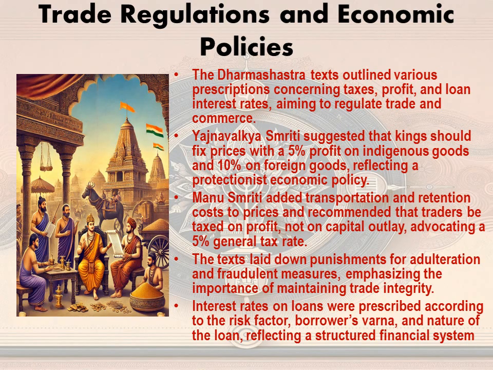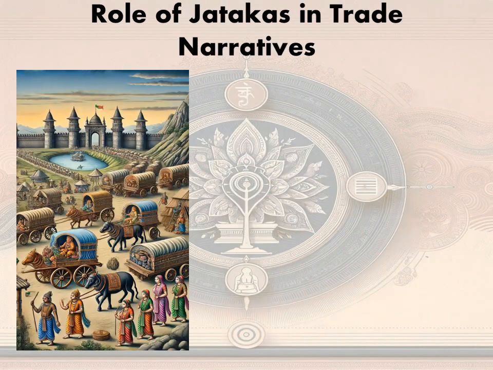So, one single parameter was not used in judging the interest rate of the loans, and it was judged according to the risk factor, the borrower's varna, and also the nature of the loan, which meant that there was a very well organized system for trade regulations and economic policies.